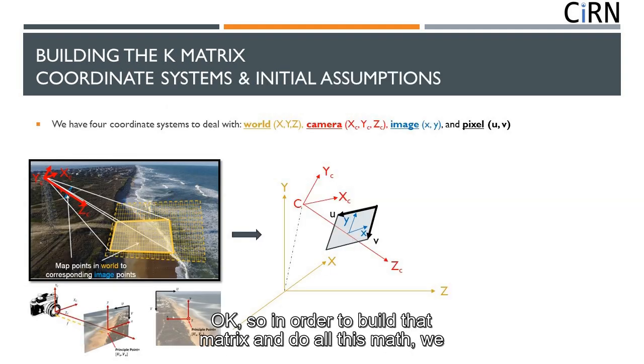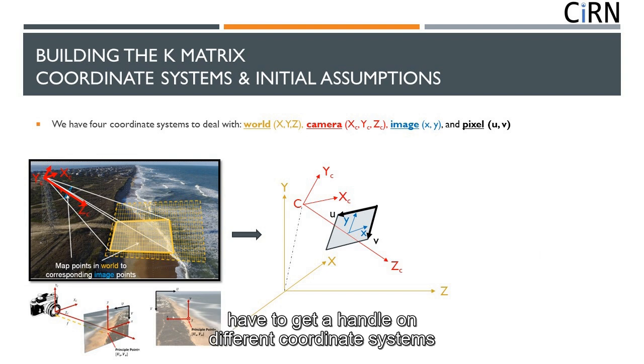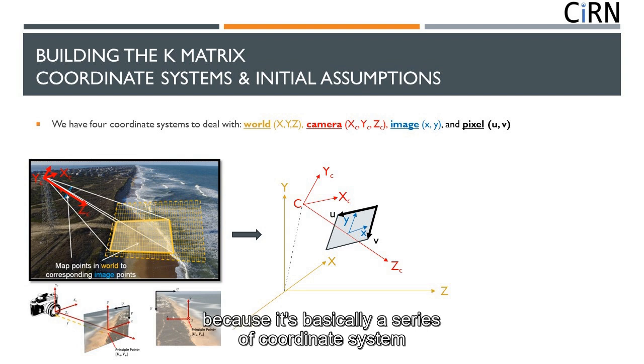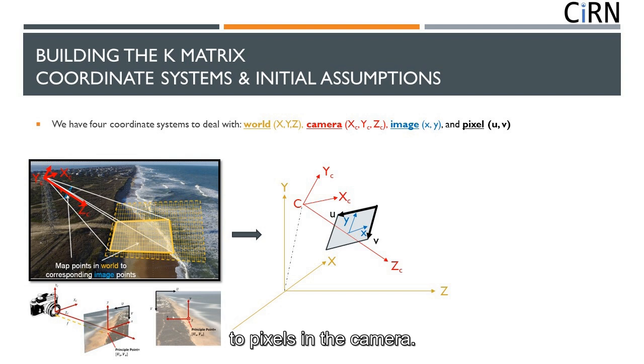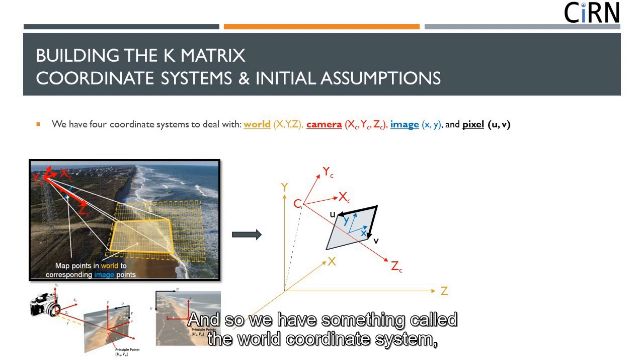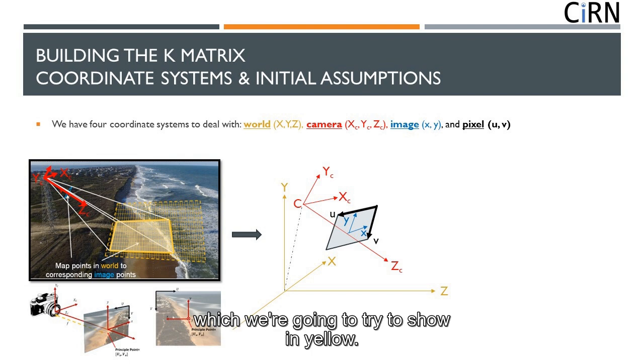Okay, so in order to build that matrix and do all this math, we have to get a handle on different coordinate systems, because it's basically a series of coordinate system transformations to go from those gridded points in the real world to pixels in the camera. And so we have something called the world coordinate system, which we're going to try to show in yellow.